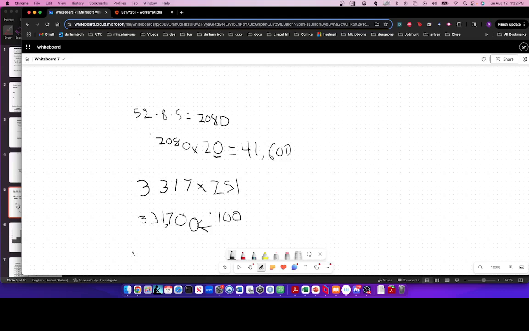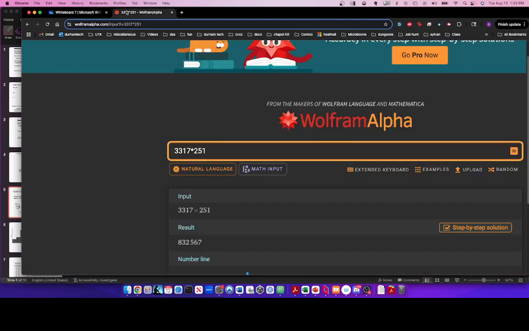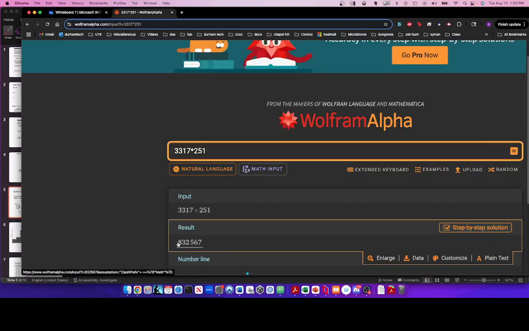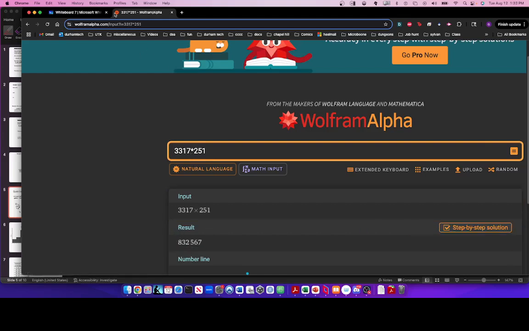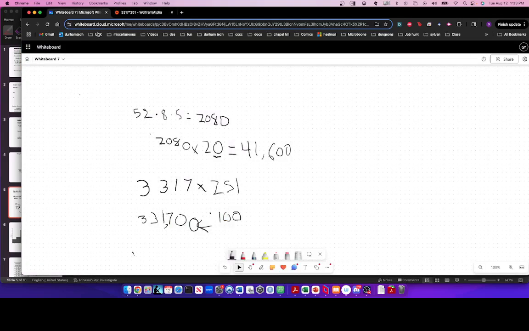That's not what we're going to get, of course, but it is a 1, 2, 3, 4, 5, 6-digit number. We had a 4-digit number. We added 2 more by multiplying by a 3-digit number, or a number with 2 spots at the end, I guess you could call it. So let's see here. When we actually plug it in, 3,317 times 251 is 832,567. So we get a number that is indeed 6 digits.